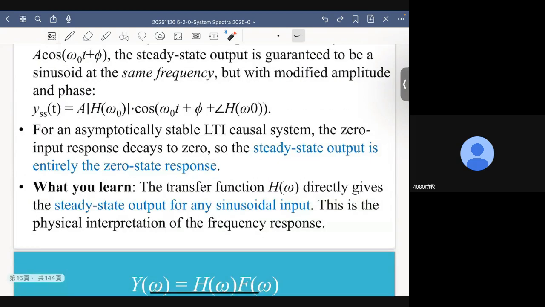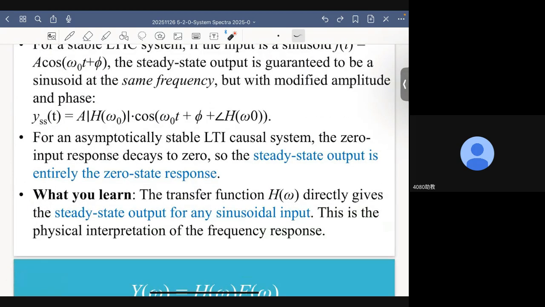Why is that the case? It can be explained by the following. For an asymptotically stable linear time invariant causal system, the zero input response decays to zero when time approaches infinity, because it is asymptotically stable.